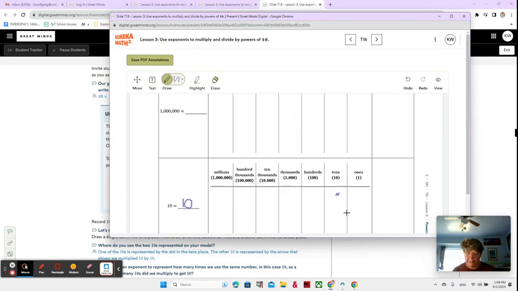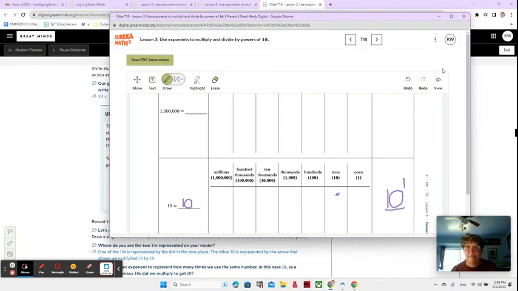Just 1 dot. And what does the exponential form of 10 look like? Just 10. We could put a to the power of 1 here, but we really only need to write 10. Okay, got it? Excellent job. All right, let's move on.